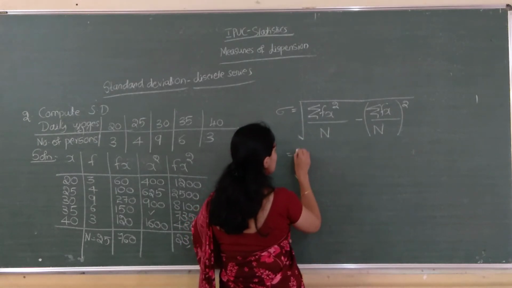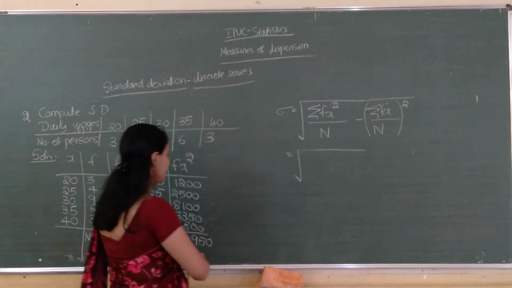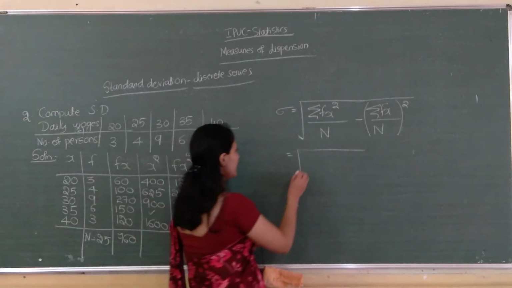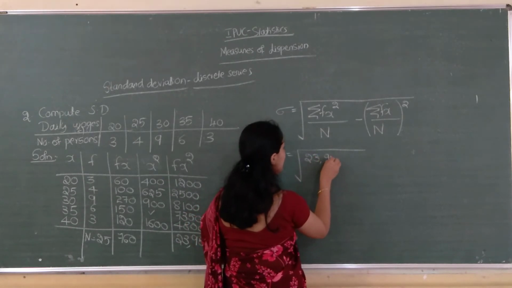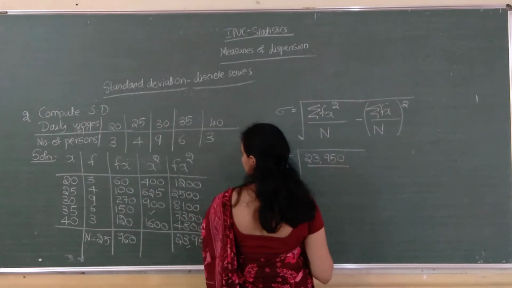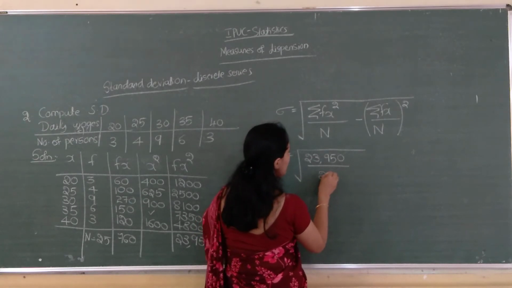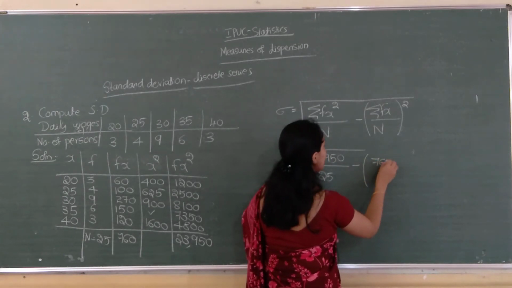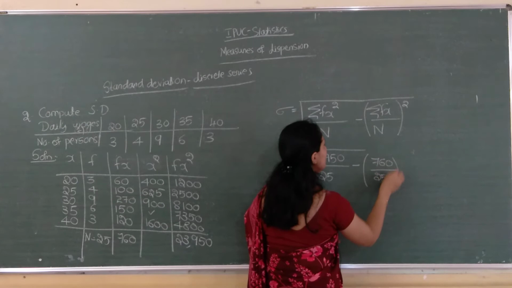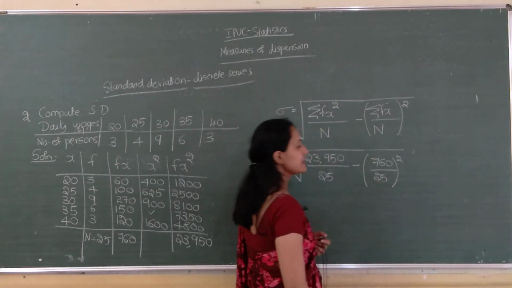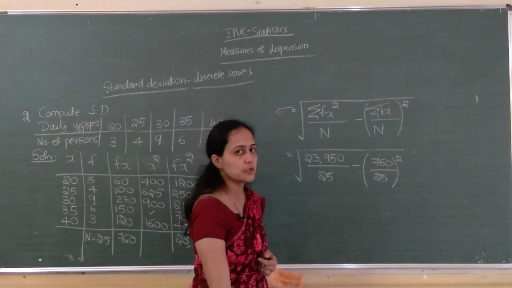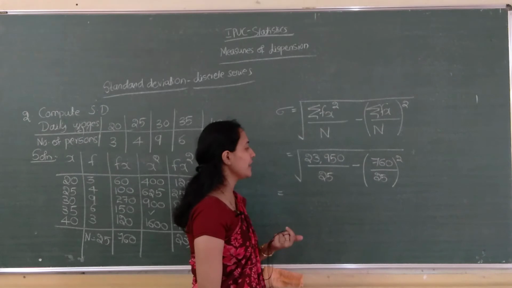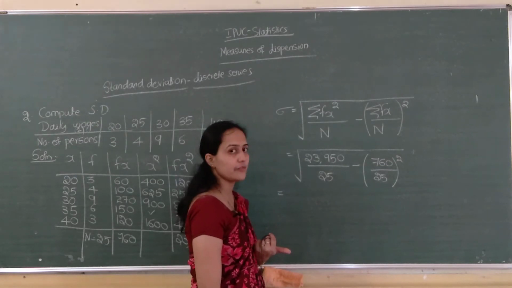Sigma f x square means the f into x square column total, which is 23,950, divided by capital N, which is 25, minus sigma f x, which is 760, divided by 25, the whole square.